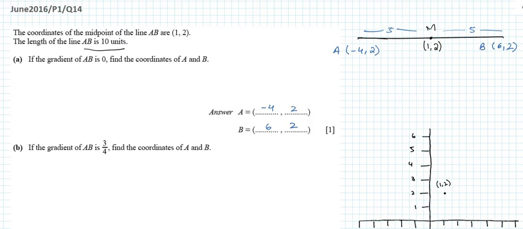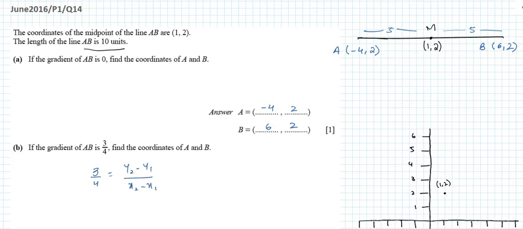Now with the same condition, midpoint (1, 2) and the length of the line 10 units, we have another condition: if the gradient of AB is 3/4, find the coordinates of A and B. We know that the formula of gradient is y2 minus y1 divided by x2 minus x1.